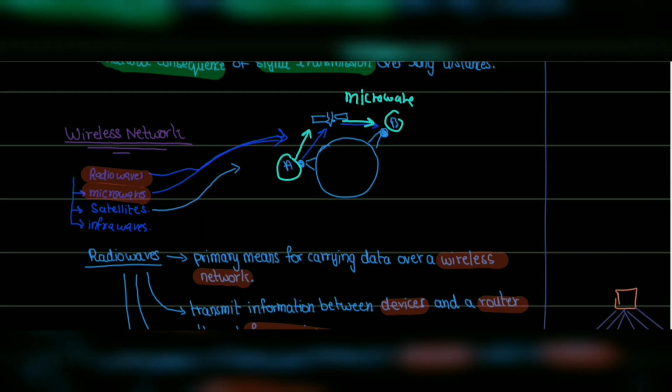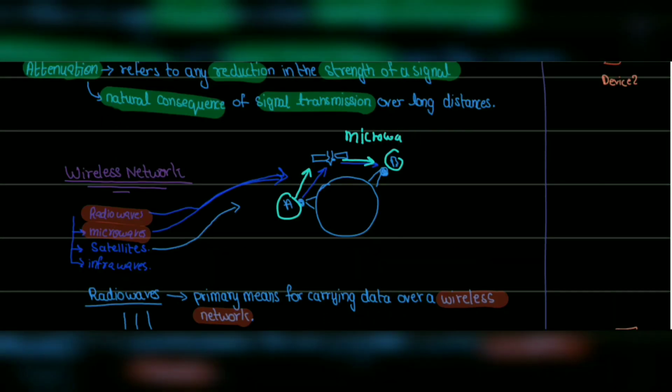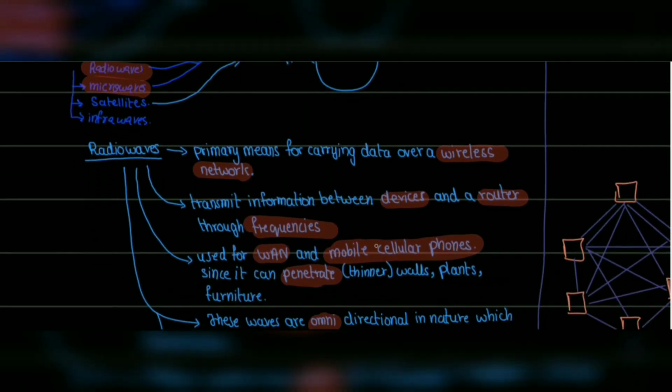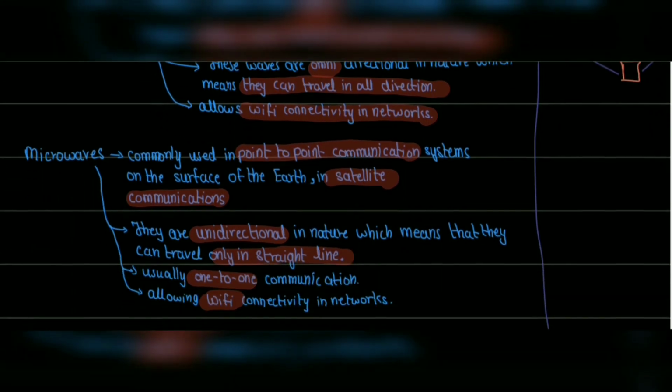Microwaves and radio waves are used here. Radio waves are used in mobile cellular phones, and microwaves are used in satellites and point-to-point communications.